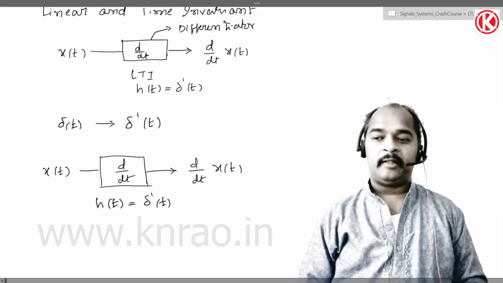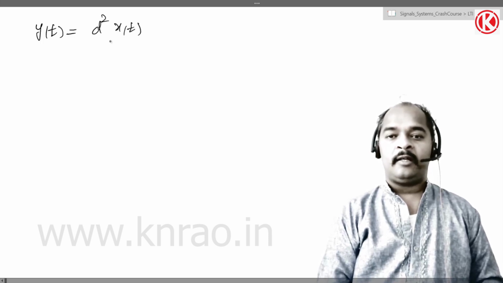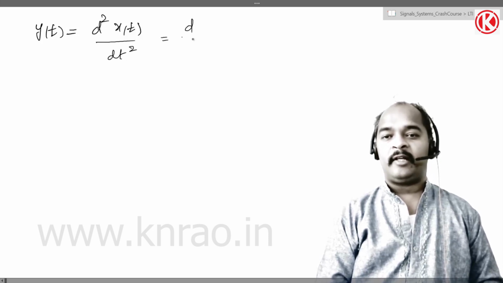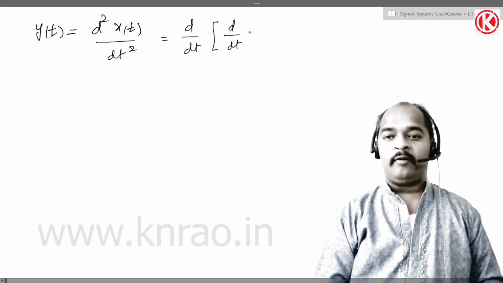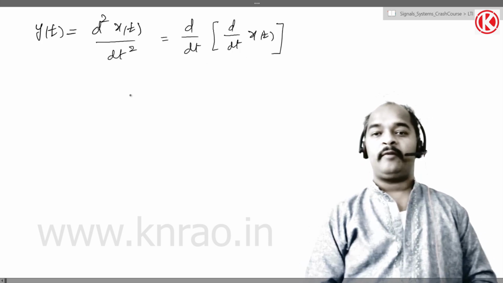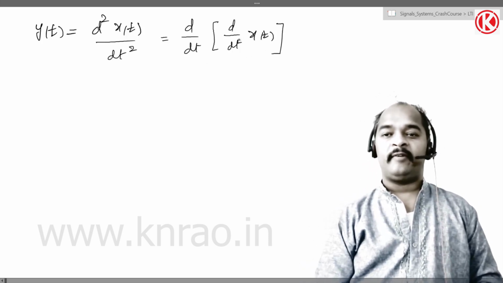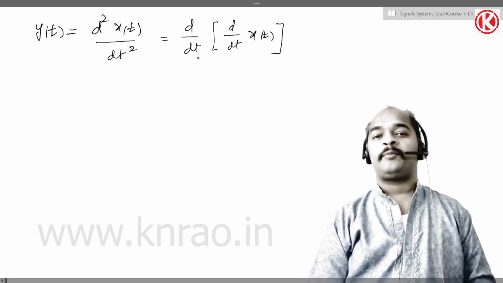Now let us see what will happen if you have a double derivative operator. Let's assume that we have y of t equal to d square x of t divided by dt square. This we can write as d by dt of d by dt of x of t. This implies that we are doing a double derivative operation, which means you do first differentiation and then one more differentiation.